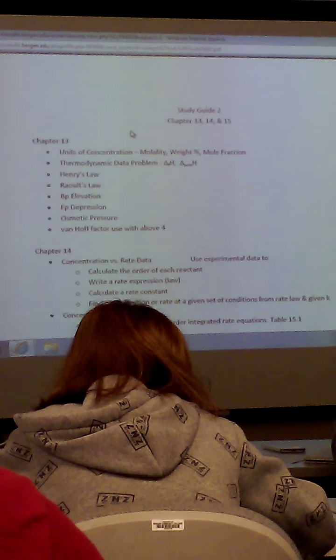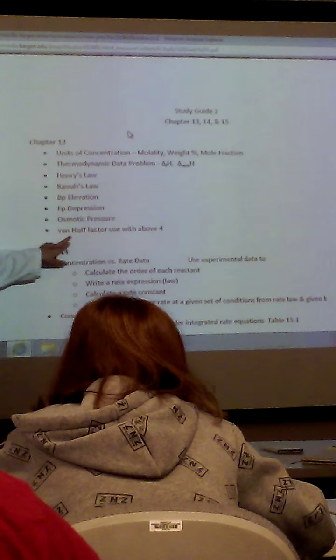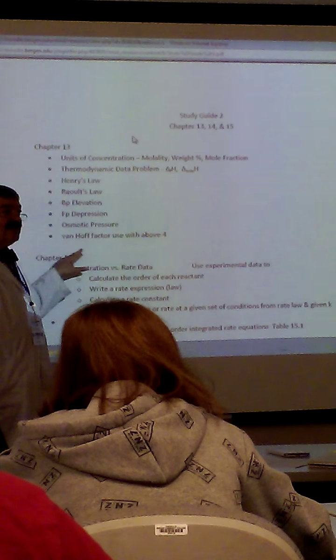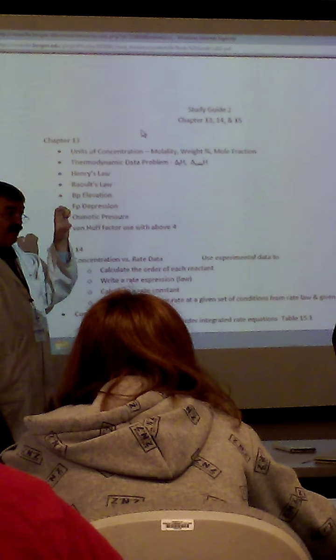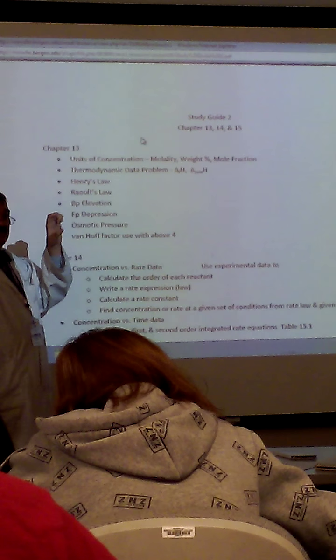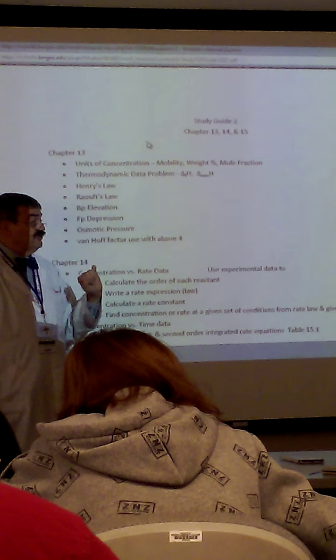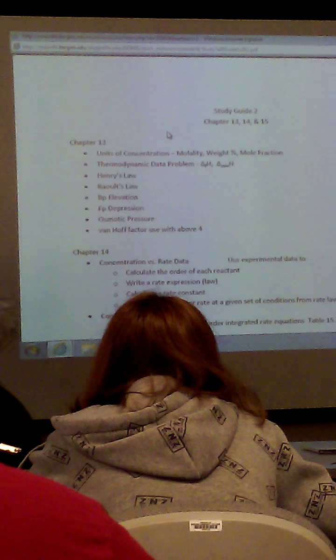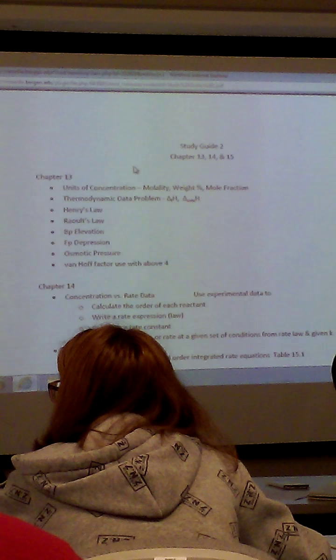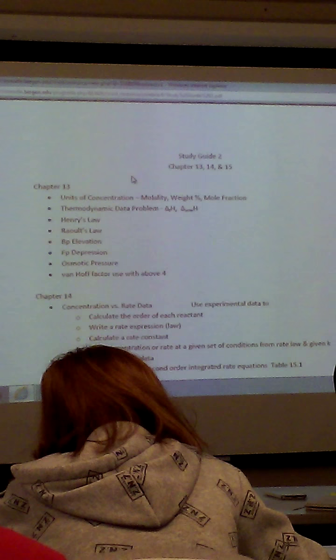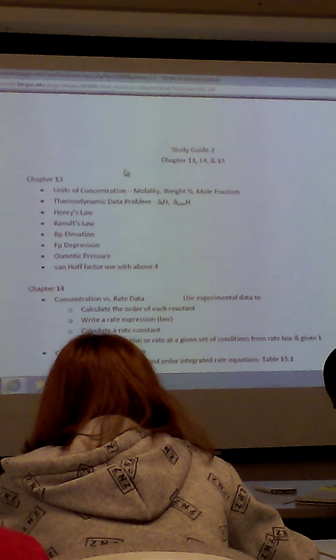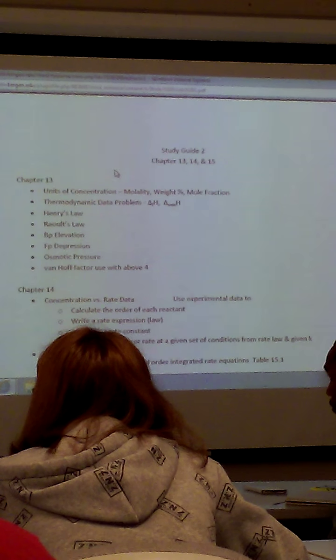Because if it does, then you have to use that van 't Hoff factor, the small letter i, on the side where the concentration is. If it goes into 2 particles, van 't Hoff is 2. If it breaks down into 3. What type of particles am I specifically talking about? Ionic. Here we go, right out of Chem 100.